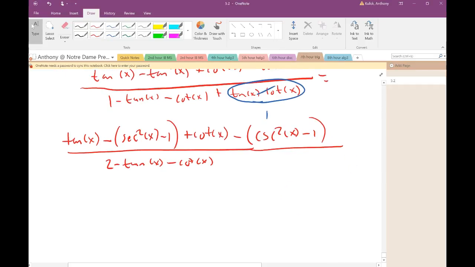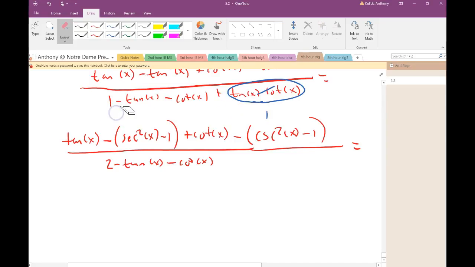And cotangent squared is the same thing as cosecant squared minus 1. Because I have a plus 1 and a plus 1. Is that okay?